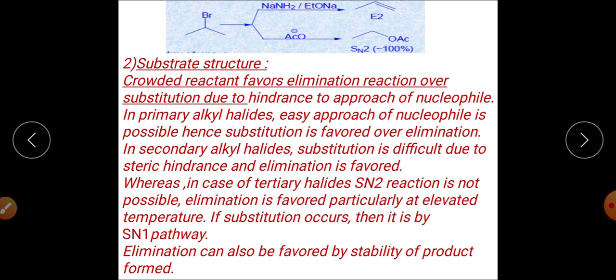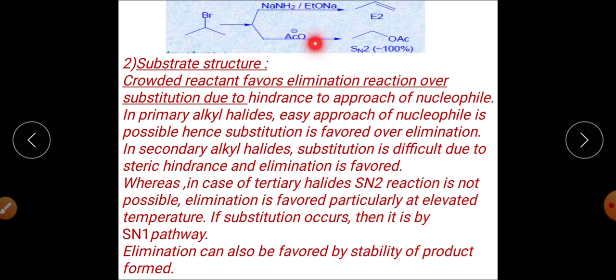You can see an example on your screen, this is basically an alkyl bromide, in which we are having two different conditions. We are having one, a strongly basic condition. You can see we are using sodamide, NaNH2, in this reaction, and at one place we are using acetate ion, acetic acid.